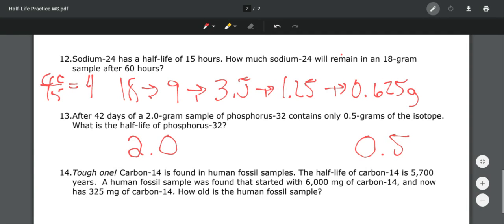A total of 42 days have passed. How many half-lives have occurred? And then that number of half-lives took 42 days, so you'll have to divide 42 days by the number of half-lives.